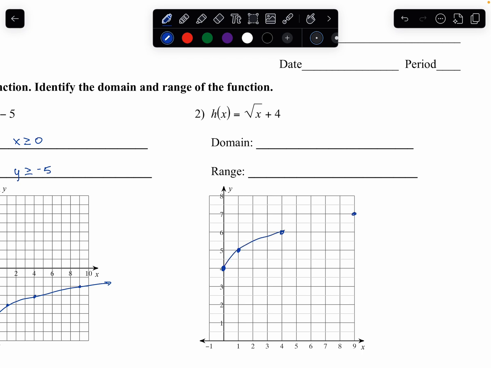And so there you go. Domain for this one is still x greater than or equal to 0, because that is the lowest x value, and it keeps increasing. And for the range, the lowest y value is 4, and then it keeps going up, so y is greater than or equal to 4.